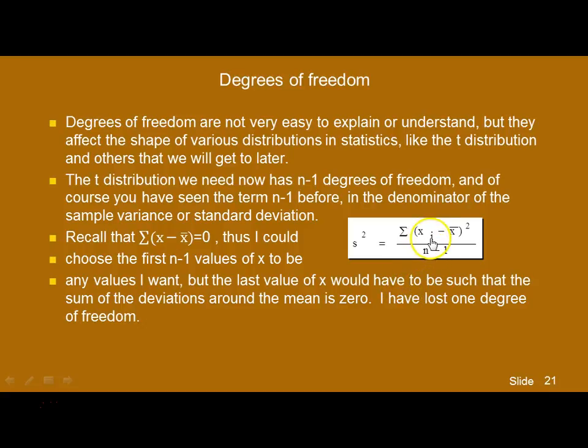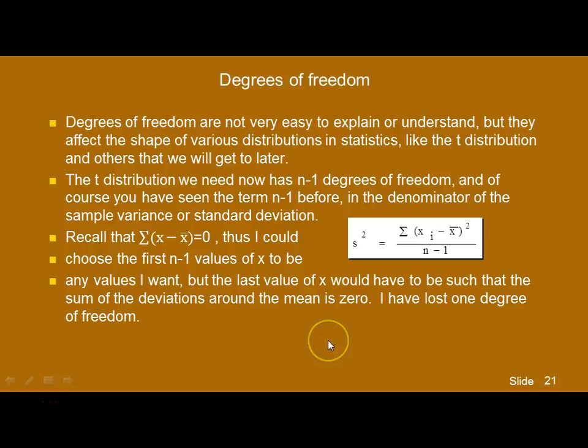Remember, the summation of x minus x bar, without the square on it, the sum of the deviations around the mean, has to be 0. That means you could pick the first n minus 1 deviations around the mean to be anything you like, but the last one would have to be such that forces the deviations to add up to 0. That is, you've got a restriction here where you lose a degree of freedom.